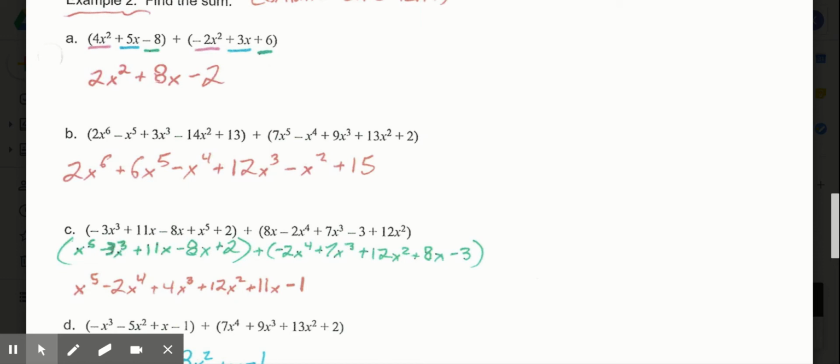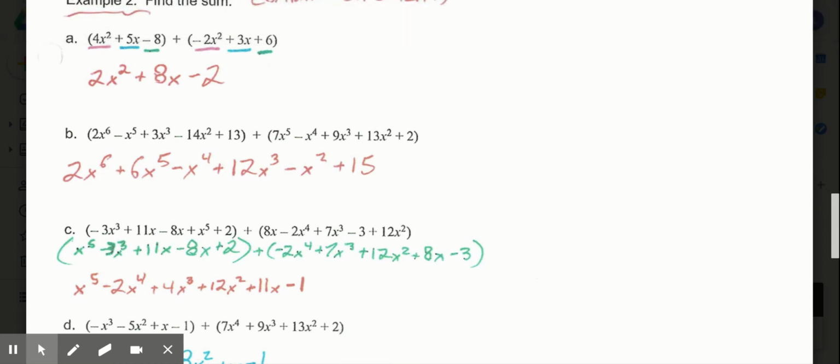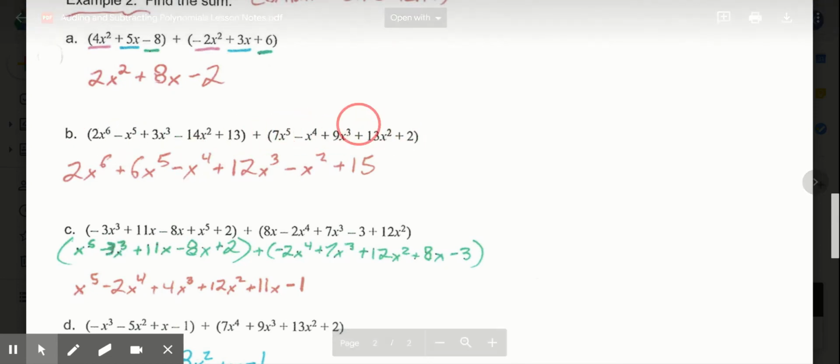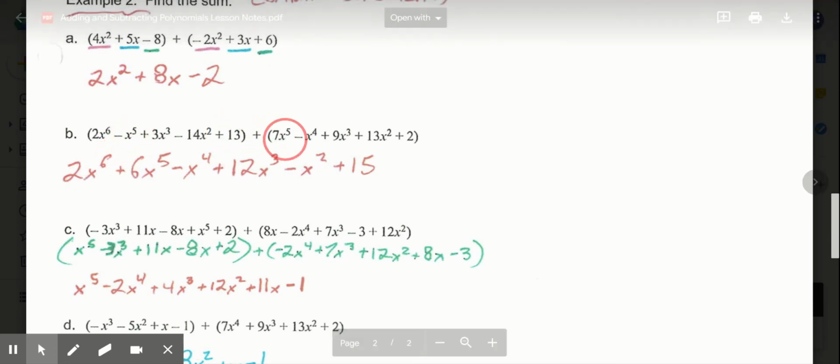So both of these are already written in standard form, which makes our life easier. 2x to the 6, no like terms in this polynomial, so it has nothing to combine with. It stays 2x to the 6. Then we have a -x to the 5th and a positive 7x to the 5th.